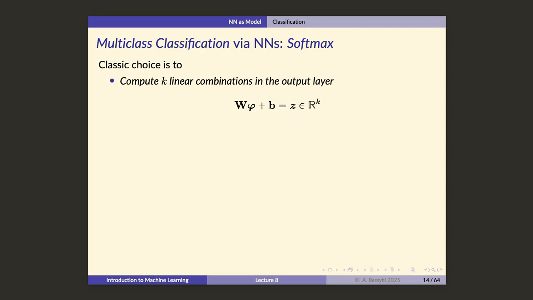And I can compute y to be W times vector phi plus a vector b. Okay? Now, I told you I want this y, this k-dimensional vector, giving me k different probabilities at the very end of the day.